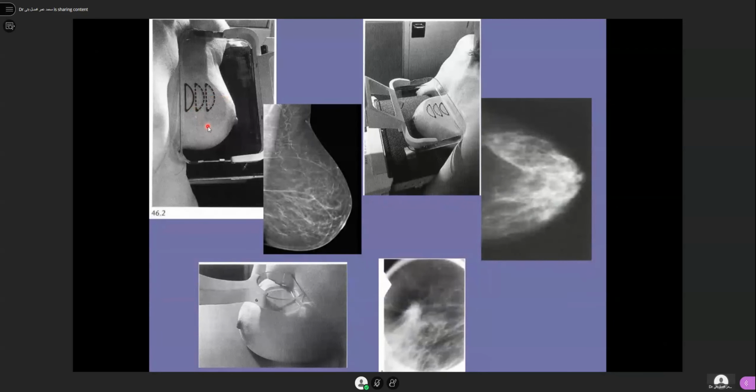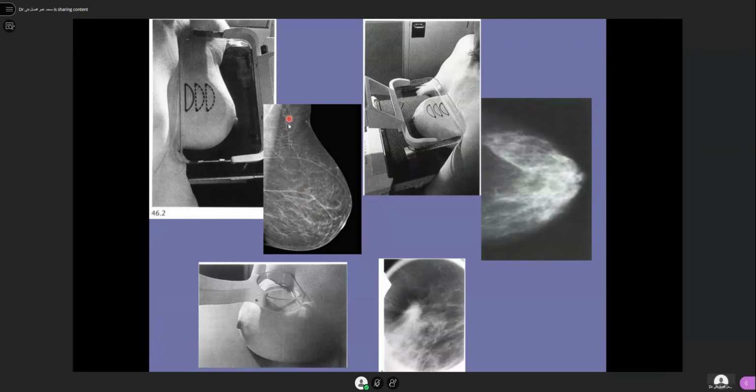In this mediolateral oblique view, we can include the pectoralis major muscle also. But in the craniocaudal view, you will not be able to include the pectoralis major. You can only compress the breast tissue, and the X-ray beam will be coming from above, and you can see that the X-ray film is below the breast tissue.